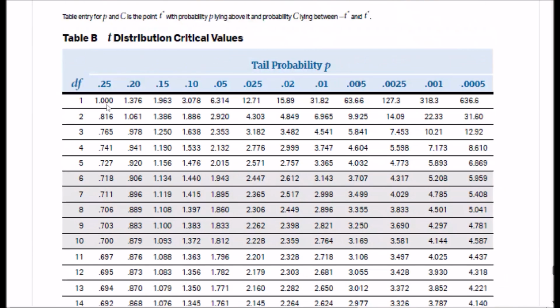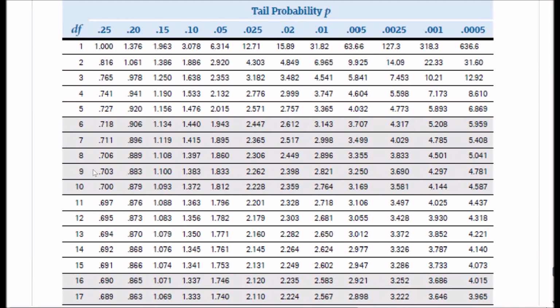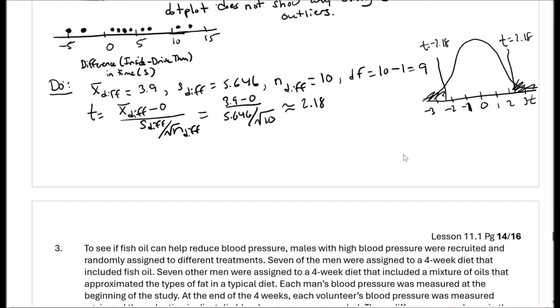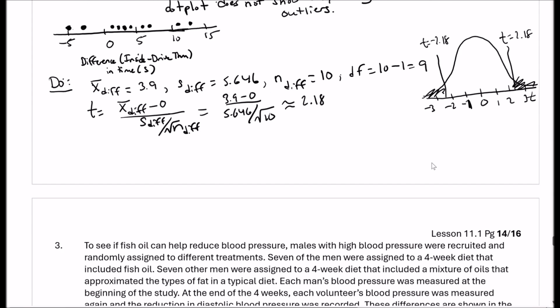We got 9 for our DF, and we got 2.18. 2.18 is between these two values, and so therefore, your p-value is between those. Don't forget to double it because we are doing a two-tailed test. So it's really 2 times 0.025 and 2 times 0.05. It's between those two values.